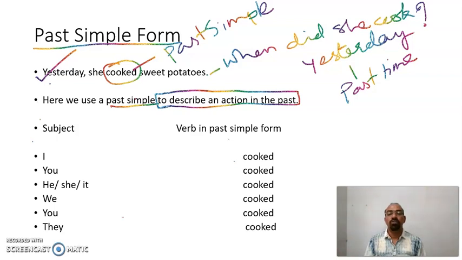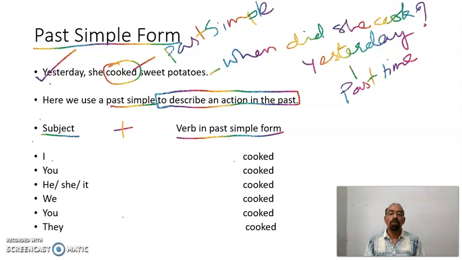Now let us check the formation of past simple sentences. First we need a subject, then plus verb in past simple form. Look at these sentences. I cooked, you cooked, he, she, it cooked, we cooked, you cooked, they cooked.